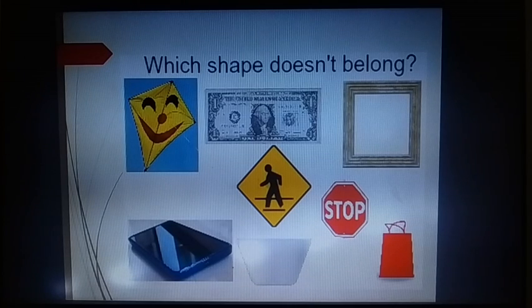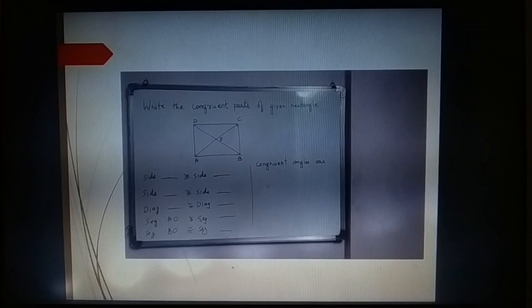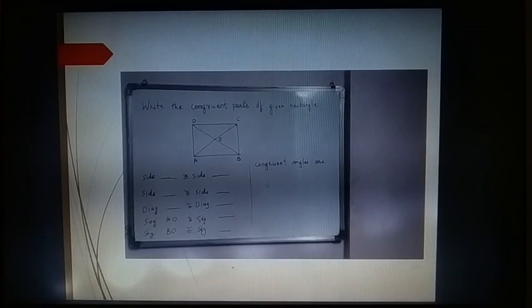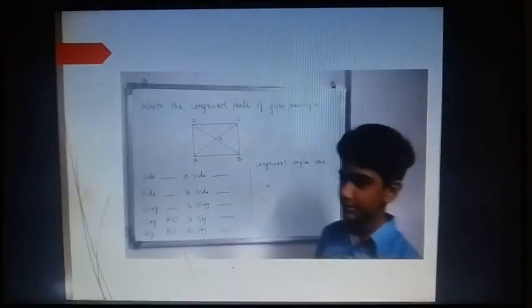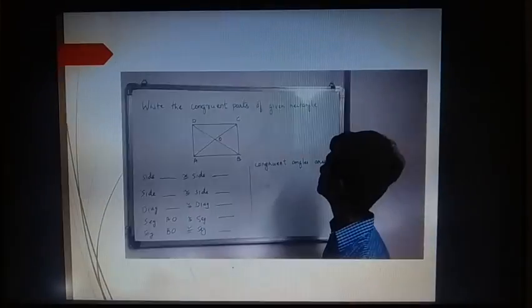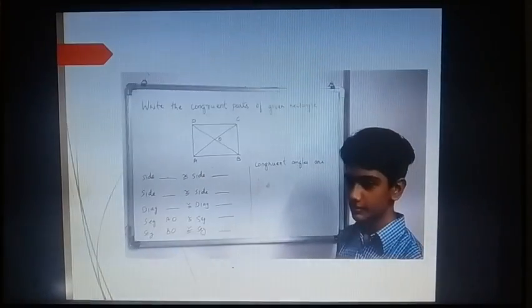Let us come to an activity now. Let us call one of the students to complete the following activity. Write the congruent parts of the given rectangle. ABCD is given as a rectangle and write the congruent parts.